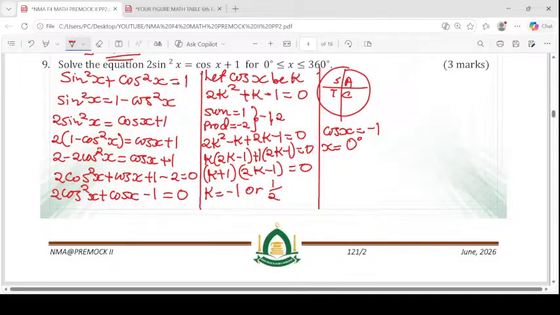We need to figure out where cos is negative.